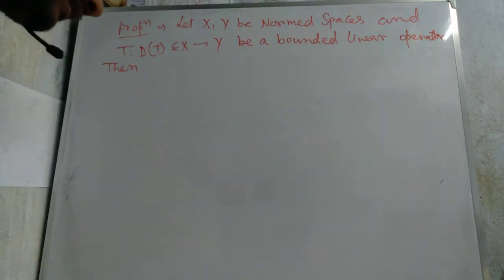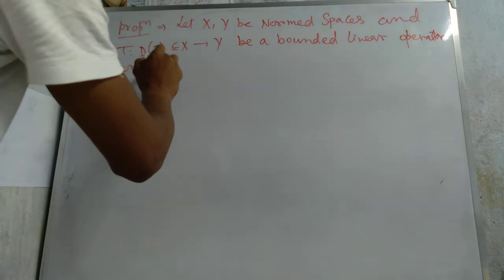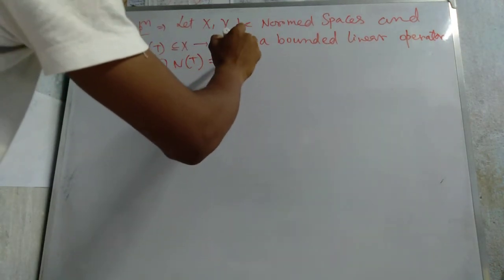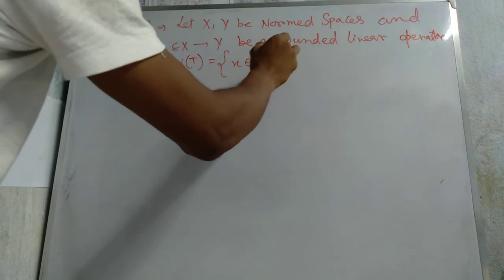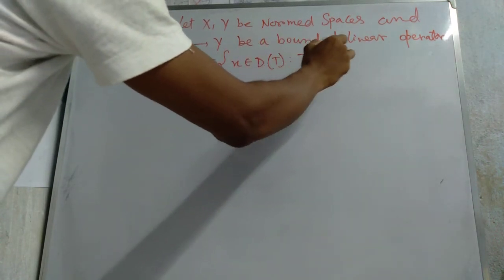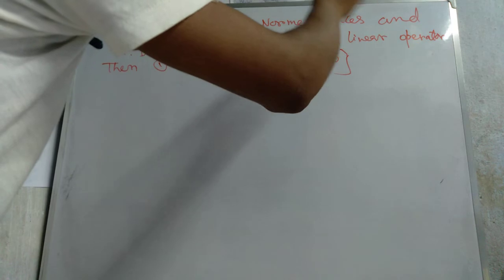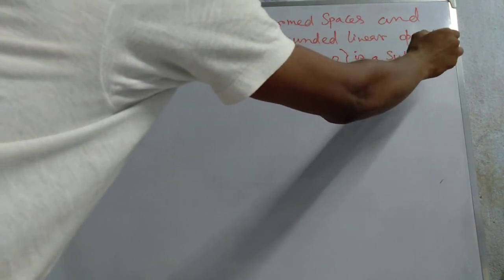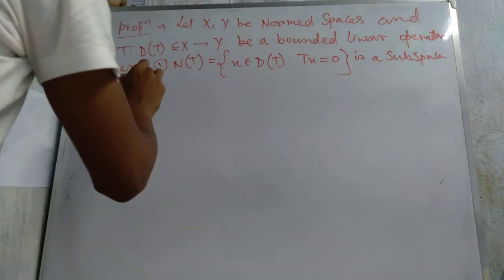Then we have to show that first, N(T), the set of x belonging to D(T) with Tx equal to 0, is a subspace of X.